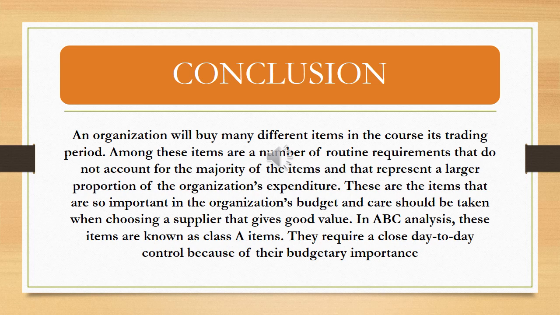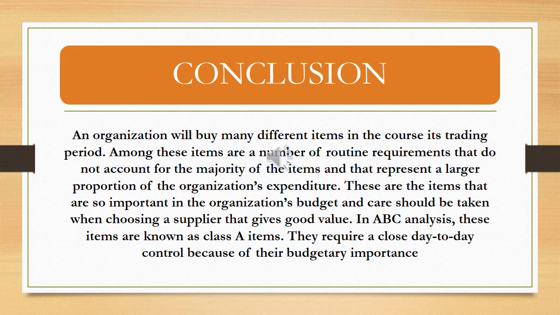An organization will buy many different items in the course of its trading period. Among these items are a number of routine requirements that do not account for the majority of the items and that represent a larger proportion of the organization's expenditure. These are the items that are so important in the organization budgets, and care should be taken when choosing a supplier that gives good value.